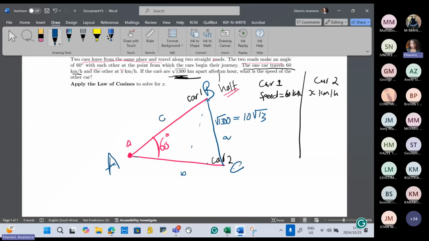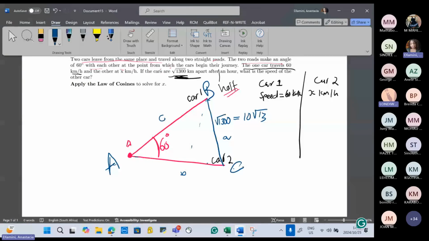Now they want us to find what? What is the speed of the other car? So they want us to find small b. Sorry, small b.